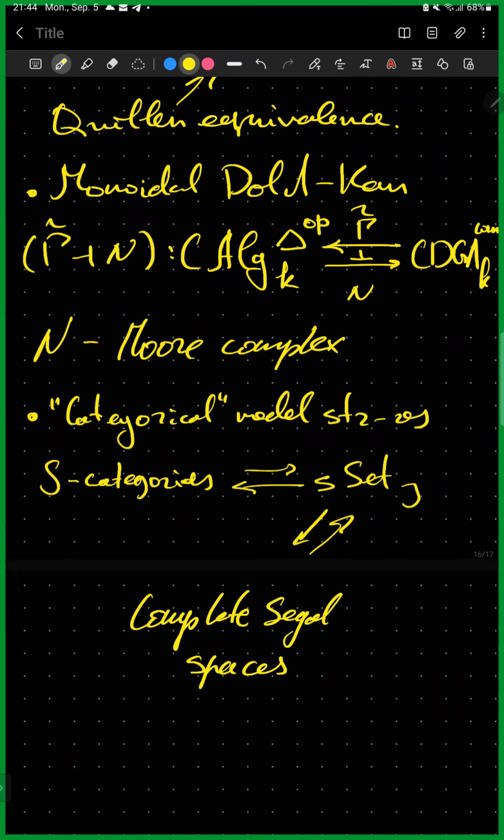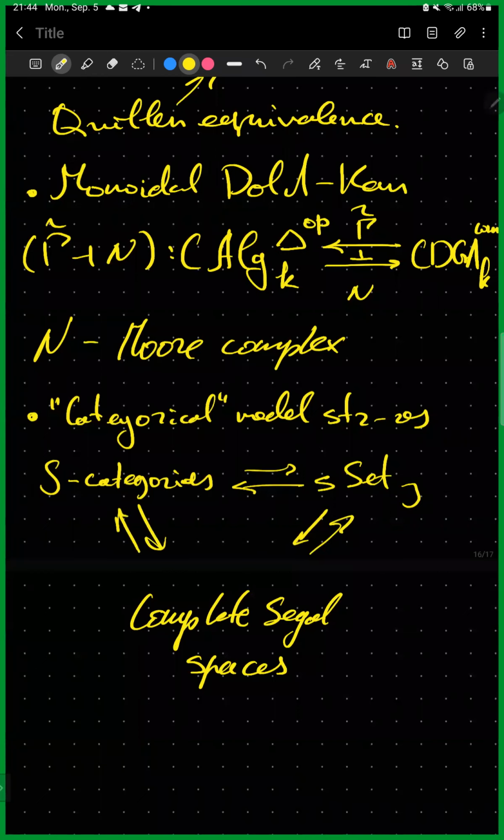which is some kind of bisimplicial set with additional conditions which explain its categorical nature.